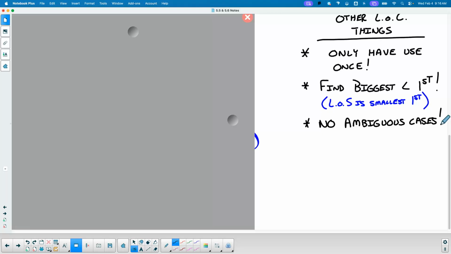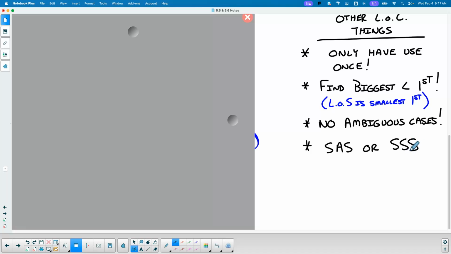There's no ambiguous cases in the law of cosines. Okay? You either get a triangle or you don't get a triangle. Okay? And I'll teach you how you wouldn't get a triangle here momentarily. The other thing is you're going to use the law of cosines when you're dealing with a side angle side or a side side side case.